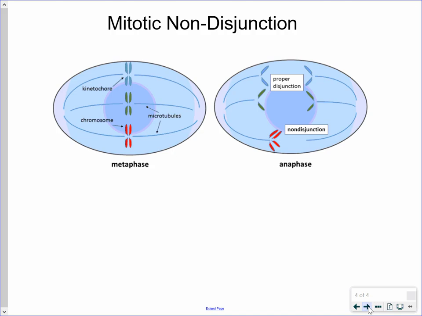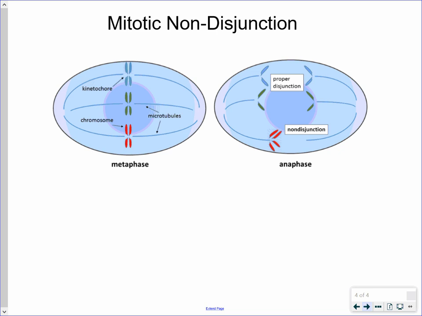So all of this, I've been focusing on non-disjunction that takes place during the formation of the gametes, or during meiosis. But just briefly, this can also take place in mitosis, and it's referred to as mitotic nondisjunction. It's really exactly the same thing that's taking place. Of course, during mitosis, we don't have any pairing of the chromosomes. They only line up in a direct line along the equatorial or the metaphase plate, as it is identified here.